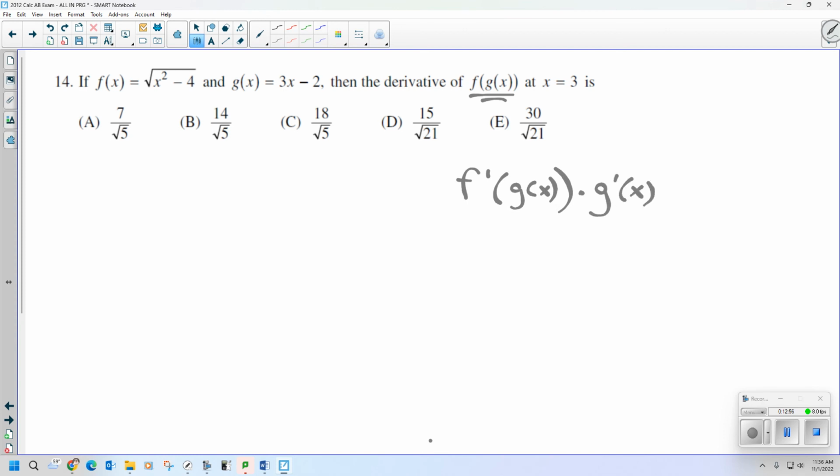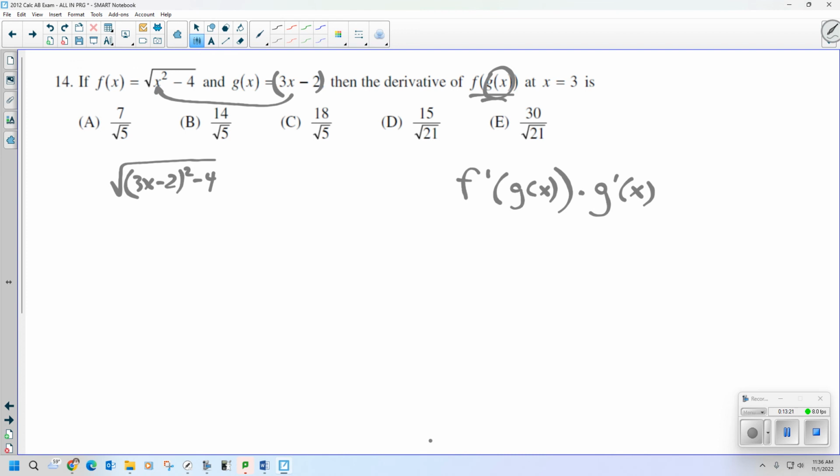That's the chain rule. I could do that, or I can actually take g of x and plug it into f of x. Then take the derivative of this after I FOIL the inside and bring my square root to the 1/2.